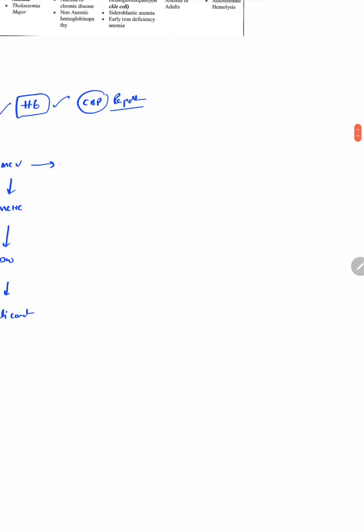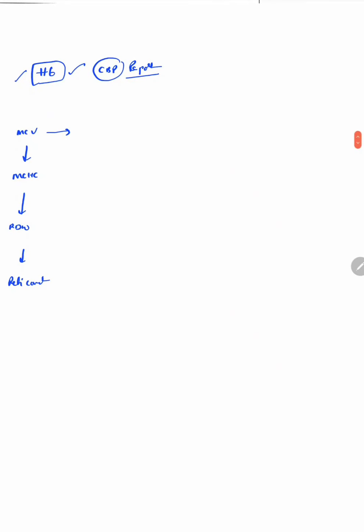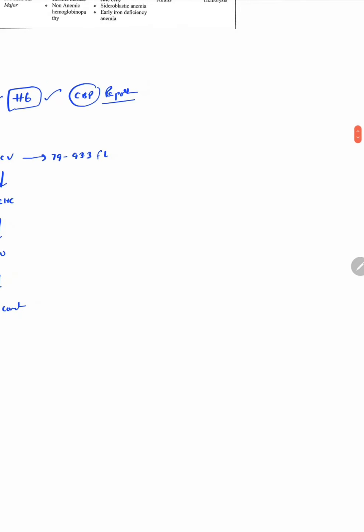What is MCV? It is mean corpuscular volume, the average or mean value of RBC volume. The normal MCV is 79 to 93 femtoliters.